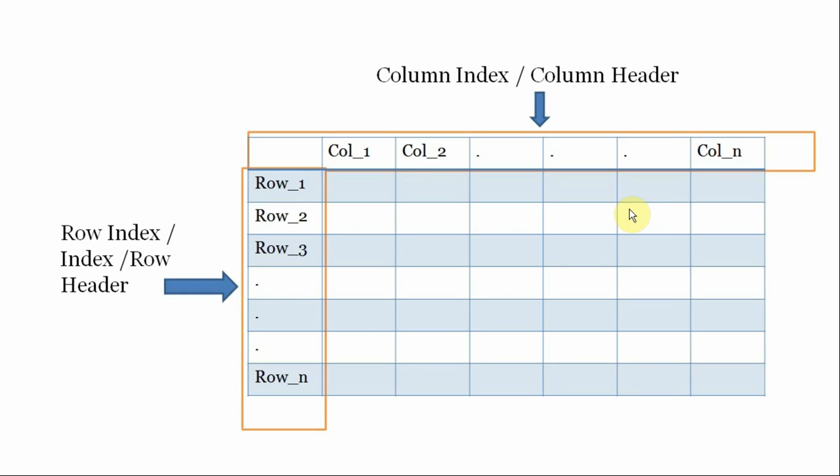The first row is usually known as the column header or the column index. On the other hand, to represent the rows, we use the term row index, row header, or simply the index.